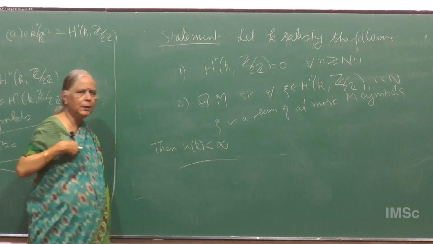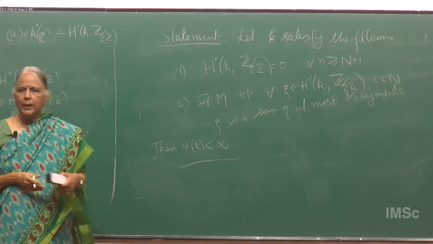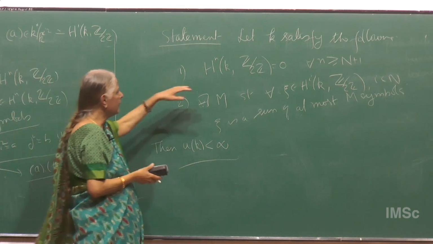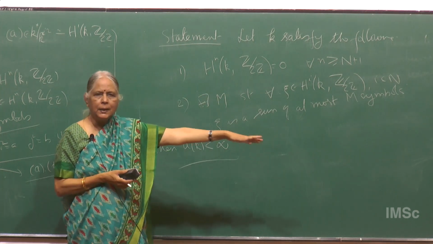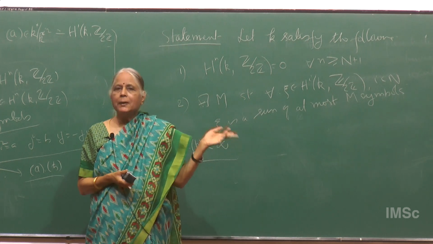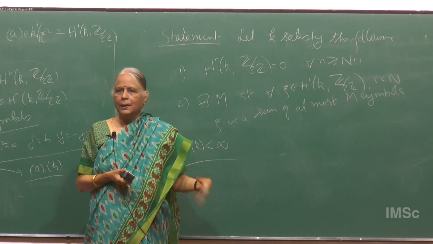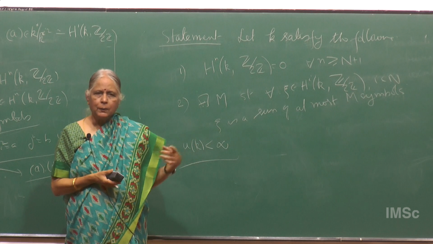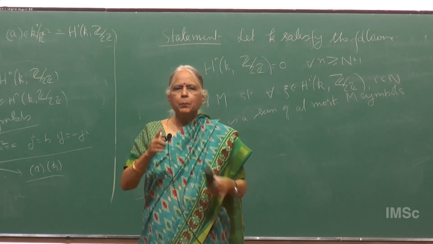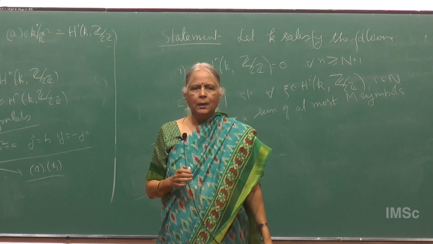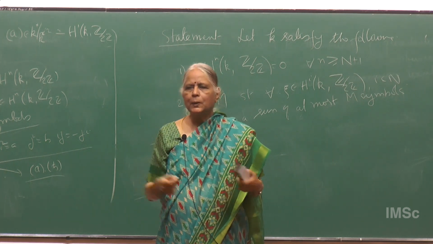So we have some sufficient conditions for the u-invariant being finite: first of all, the vanishing beyond a certain level, and all the elements in H^n, we know they are all symbols, but they have bounded symbol length. Then it's not too difficult to get it. Just one word about it: suppose you have a sum of symbols. Then take the quadratic form which maps to that sum of symbols.